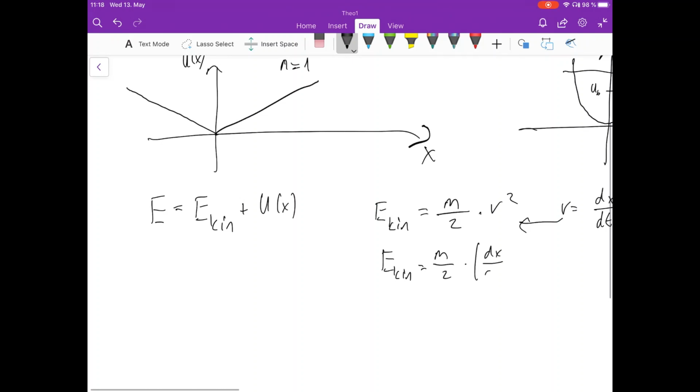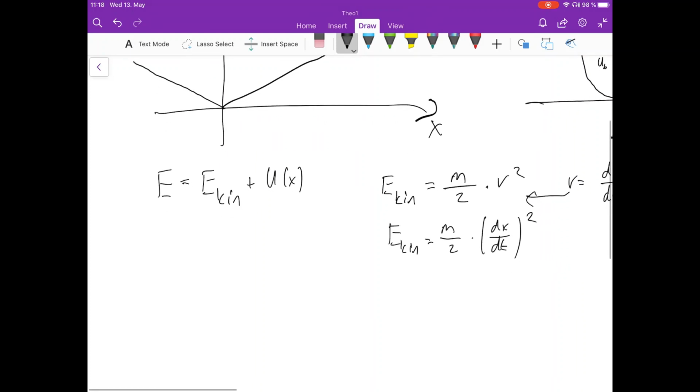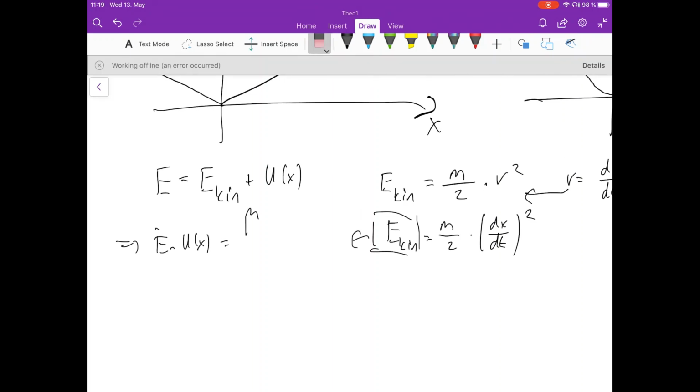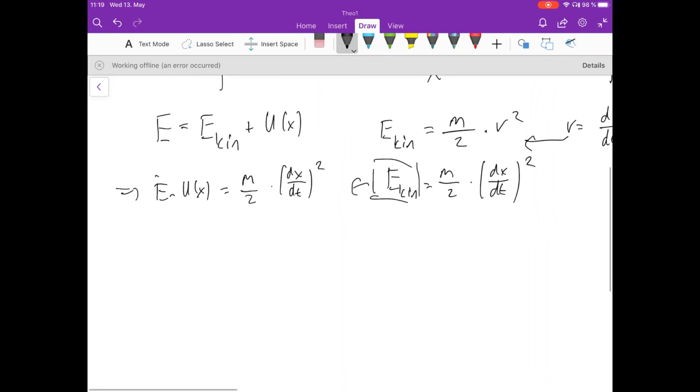So the kinetic energy is going to be equal to m/2 times (dx/dt) squared. And we can write this formula down as E minus U(x) equals, I'm just going to plug this part in, m/2 times (dx/dt) squared.